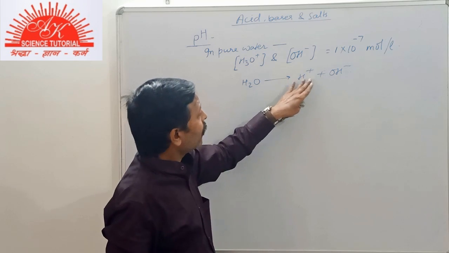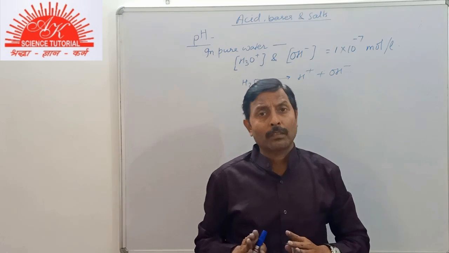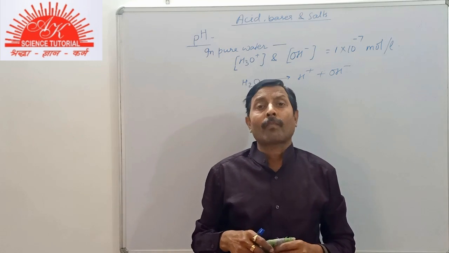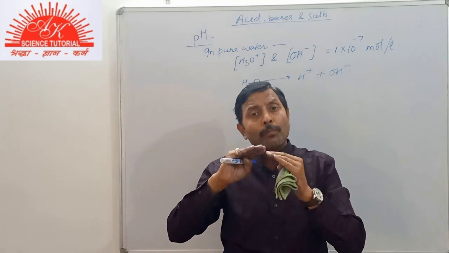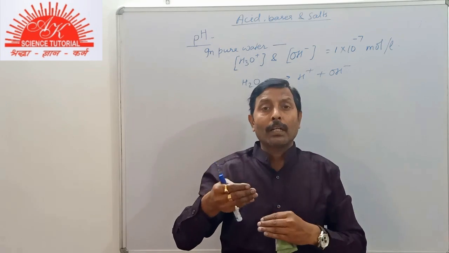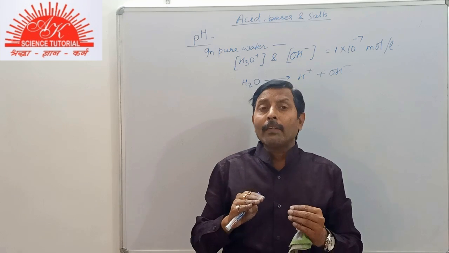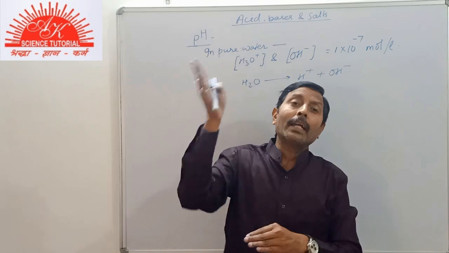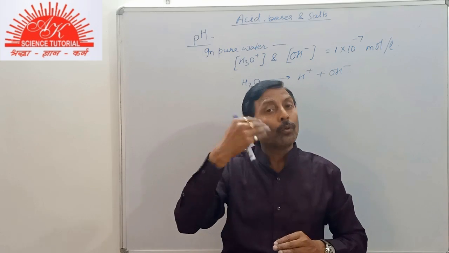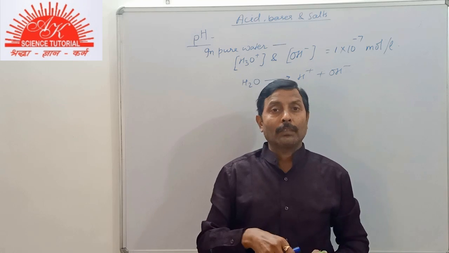So in aqueous solution, hydronium ion as well as hydroxide are both present. If the concentration of hydronium ion is more than the hydroxide ion, it will be acidic in nature. And if the concentration of hydroxide ion is more than hydronium ion, it will be alkaline in nature.